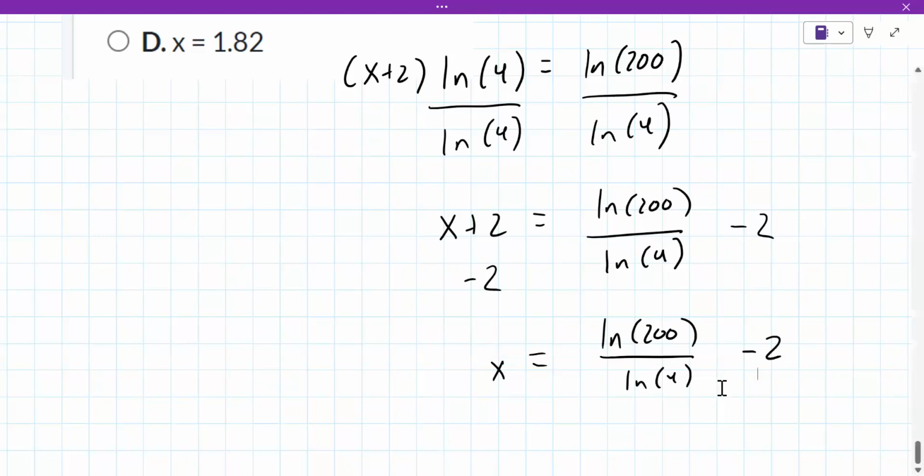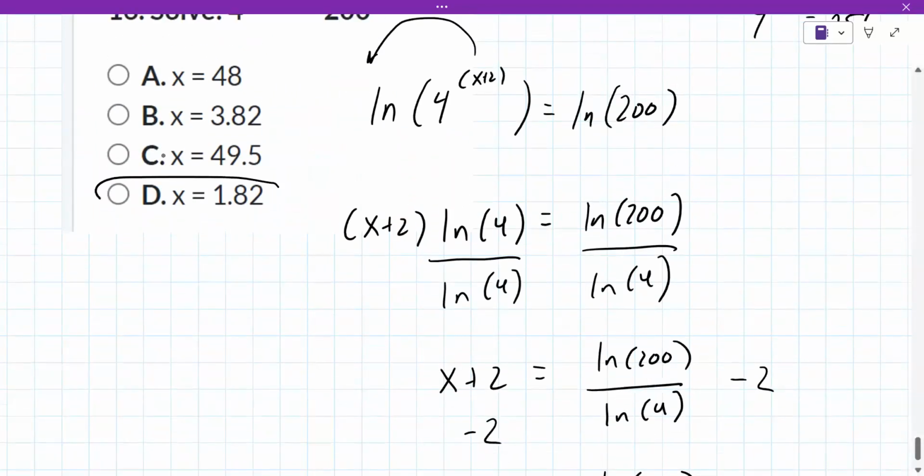So go to your calculator, enter this in. The answer is D. Okay, I agree. Very good.